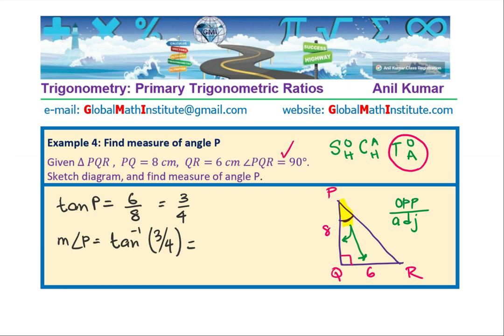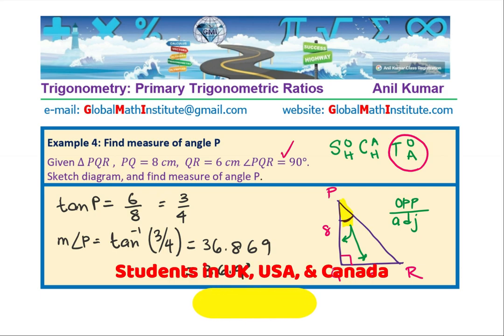Go back to shift key, press tan, 3 divided by 4, bracket close, equal to, and you get 36.869 in fact, so I'm going to round it to 36.9 degrees. That is 3 significant figures or 1 decimal place in this case. I hope it is absolutely clear how we figure this out, correct?